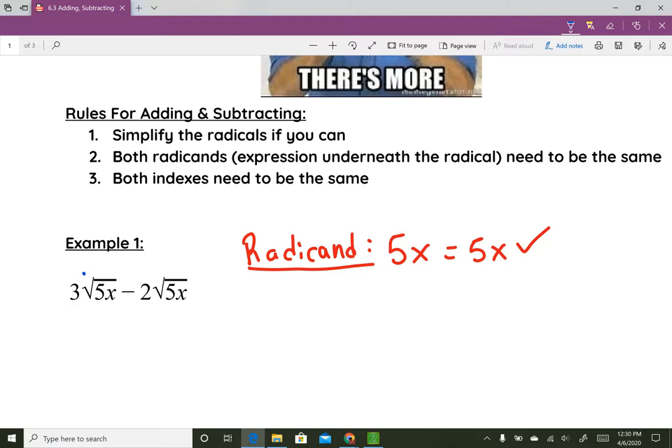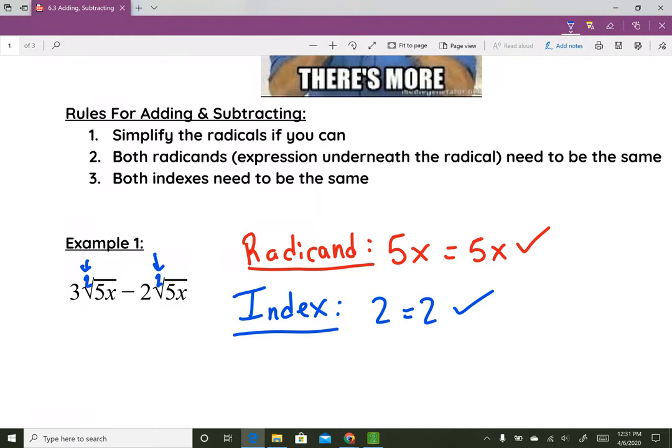Well, if you look inside here, anyone see a number? Is it invisible? Yeah, it's invisible. But if you were to pronounce this out loud, you'd say that this is a square root, right? The index in a square root is just 2. We just don't write it. We can just assume it. So the index for both of these is a square root. They're both the same, right? These are both 2's. We like that.